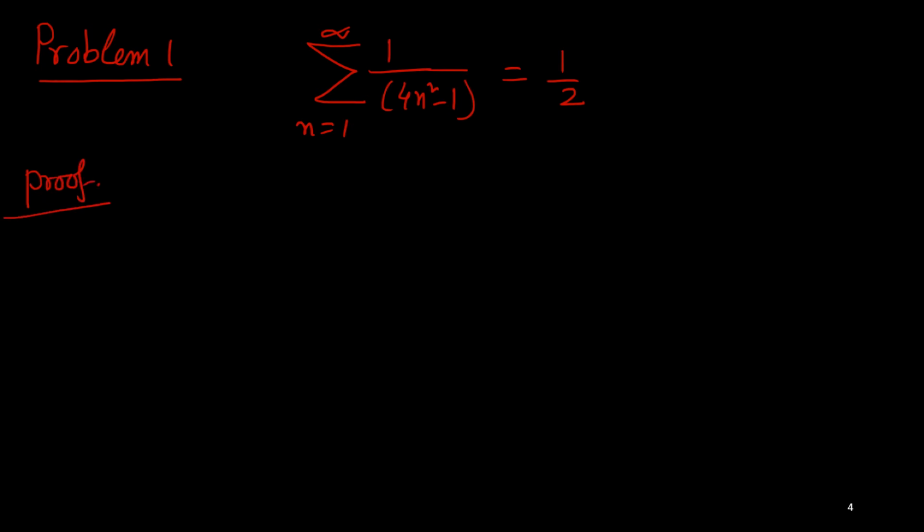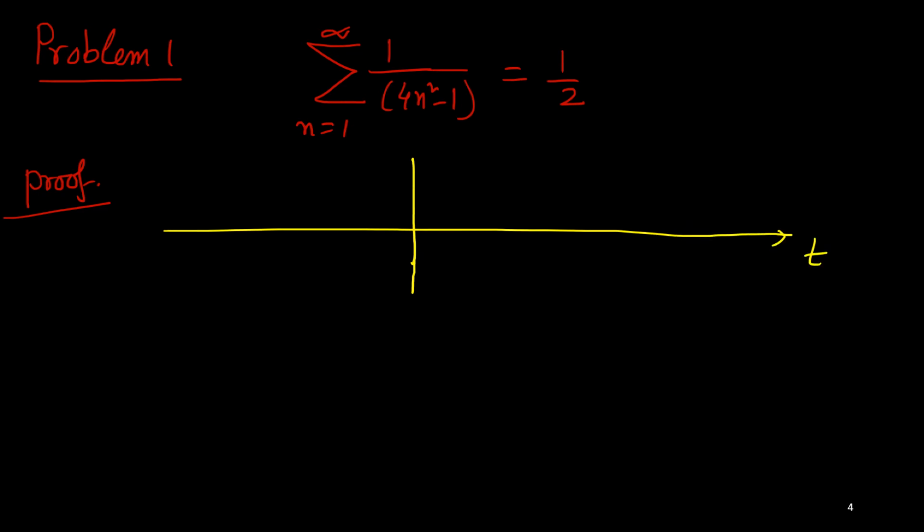For this, we'll use the full wave rectifier. If we use full wave rectifier, you will see the time axis, this is 1/2, and all full waves are all positives.